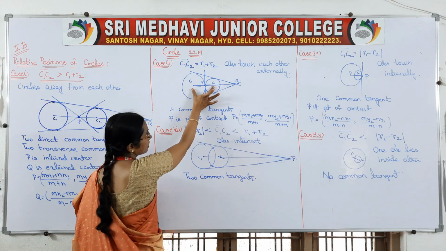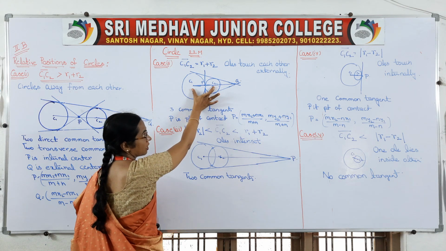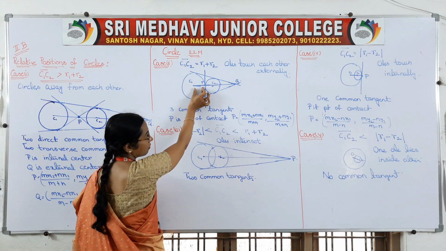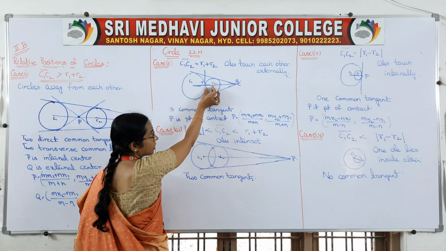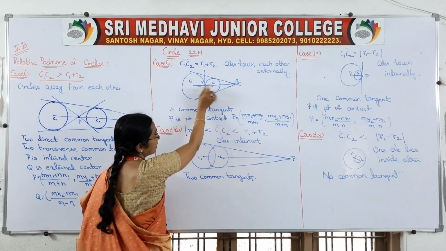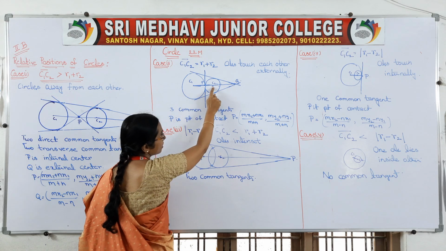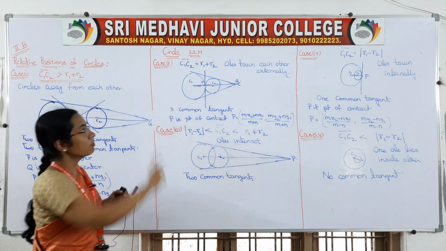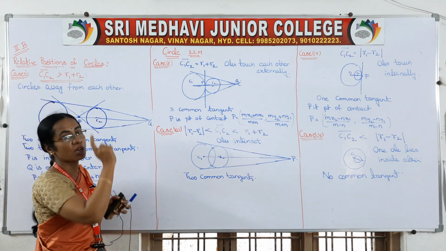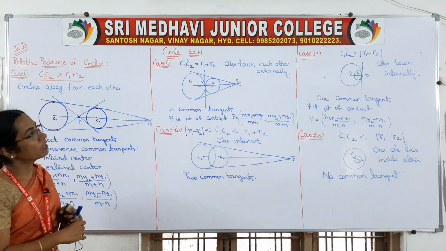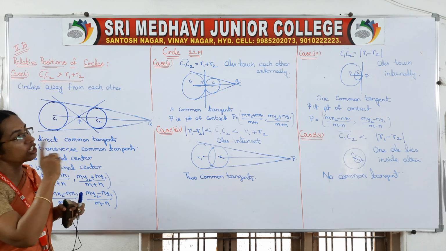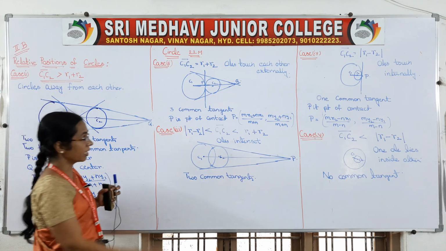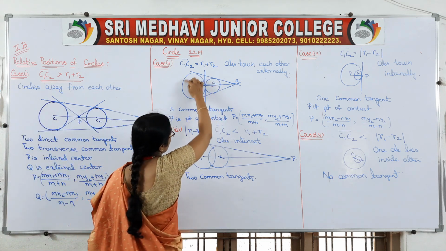See, this is the distance C1C2. This is your R1, radius of the first circle. This is your R2, radius of the second circle. Exactly, the C1C2 distance is nothing but R1 plus R2. So whenever we get C1C2 equal to R1 plus R2, directly we will write the circles touch each other externally, outside they will touch.